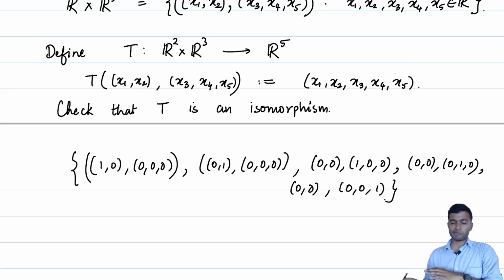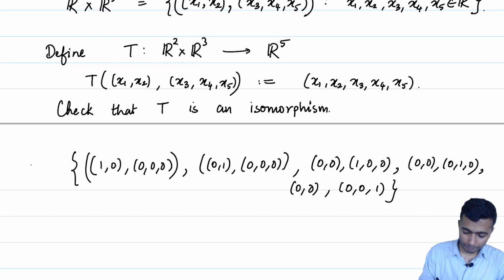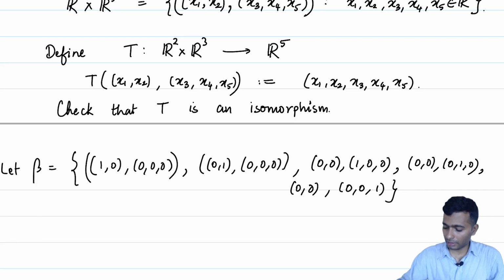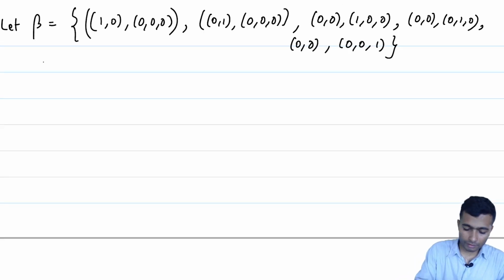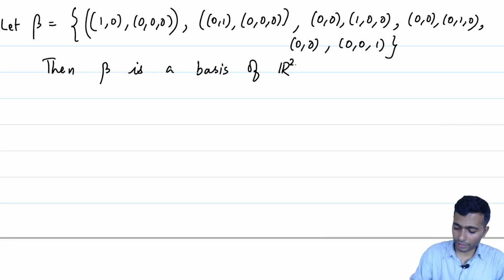This is essentially obtained by pulling back the basis from R5 to R2 cross R3 through the linear transformation T. Let us call this set beta, then beta is a basis of R2 cross R3.